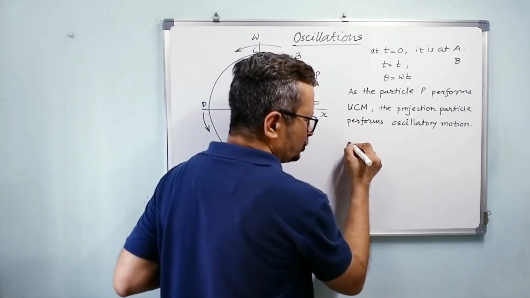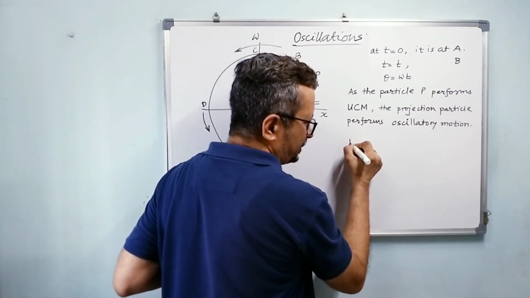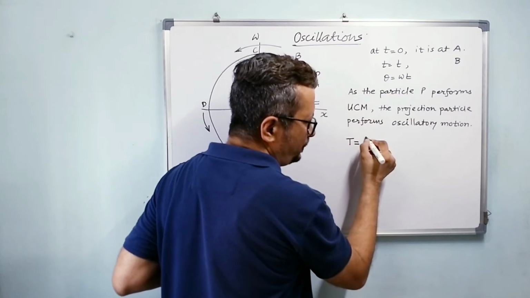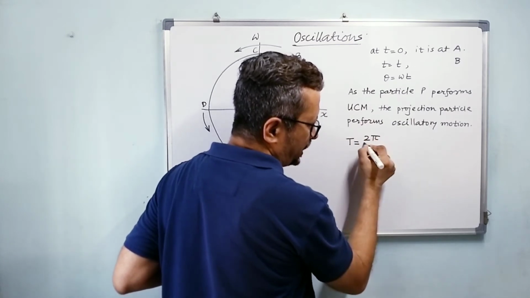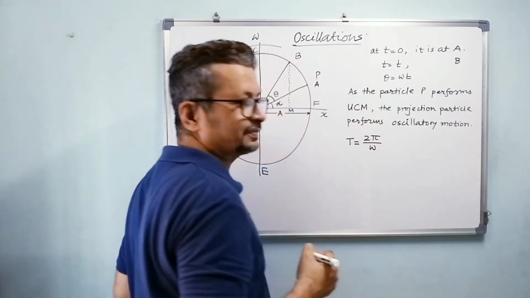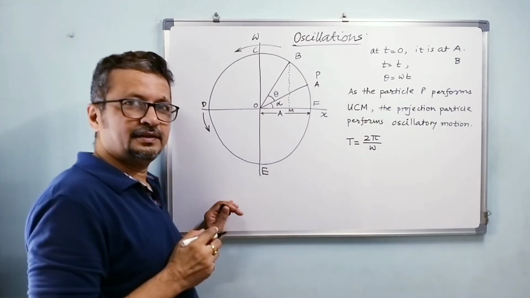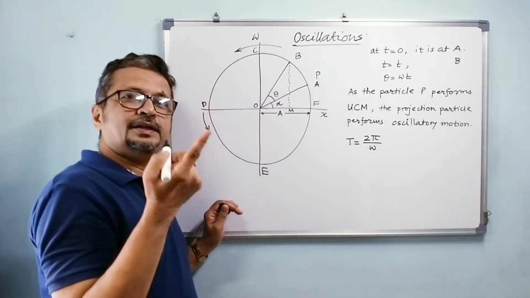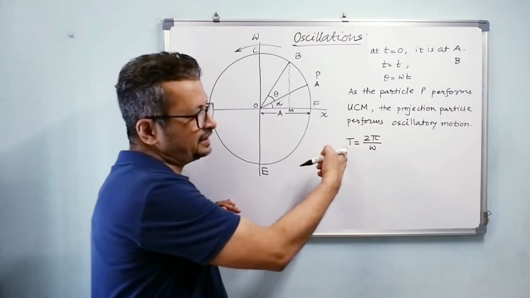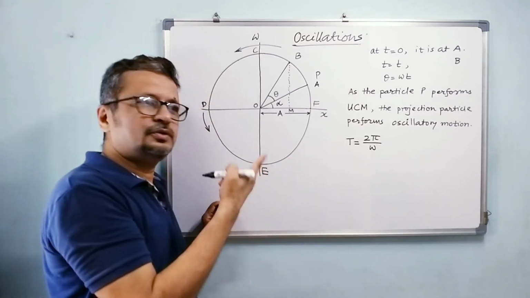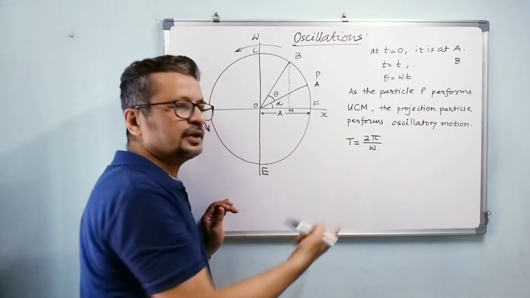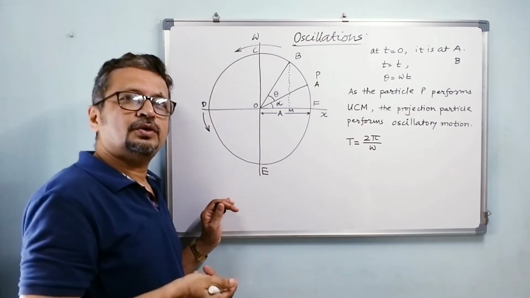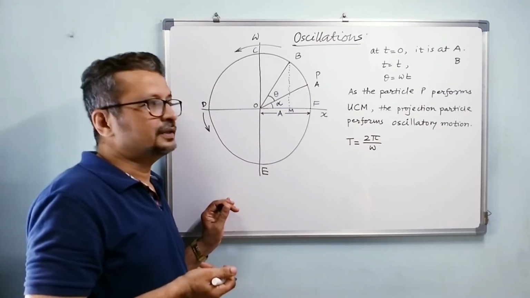So one revolution, time period, would be equal to 2 pi upon omega, isn't it? Correct? My omega is angular speed and T is the time period. Then omega into time period would have to be equal to 2 pi, isn't it?